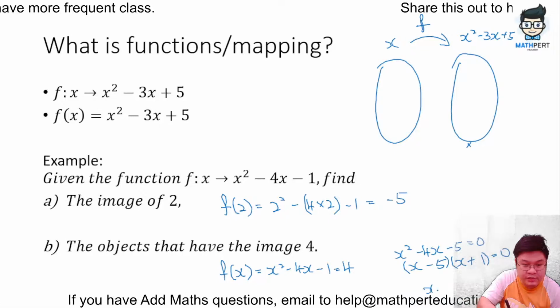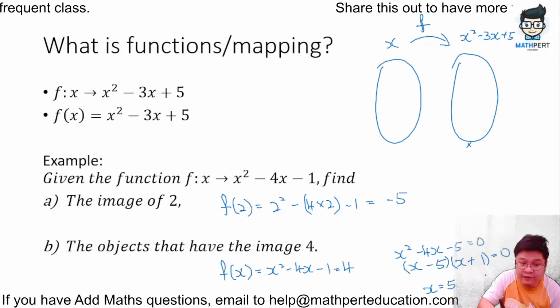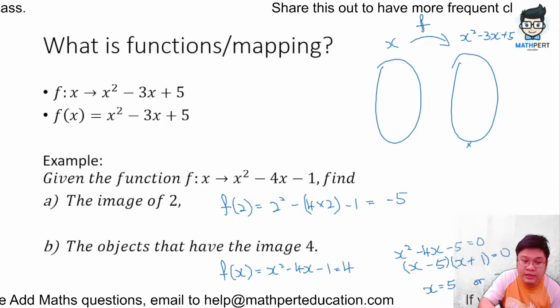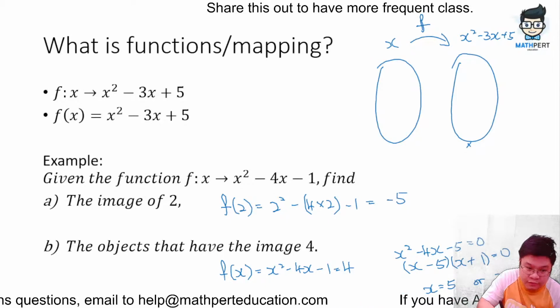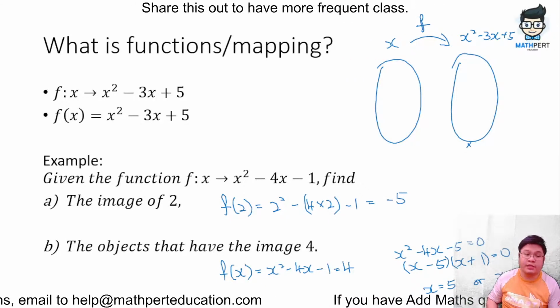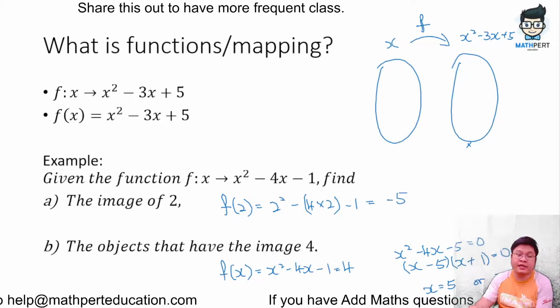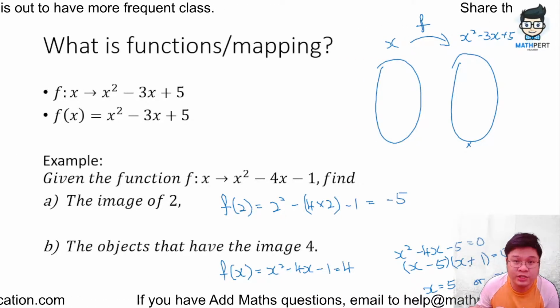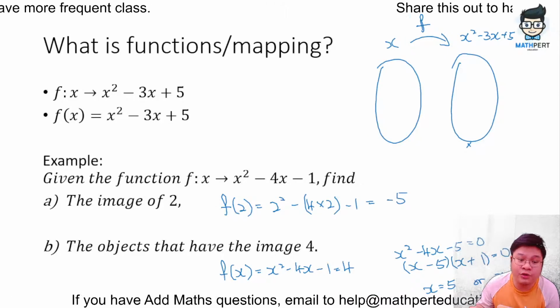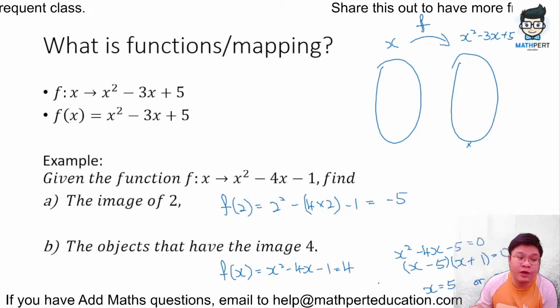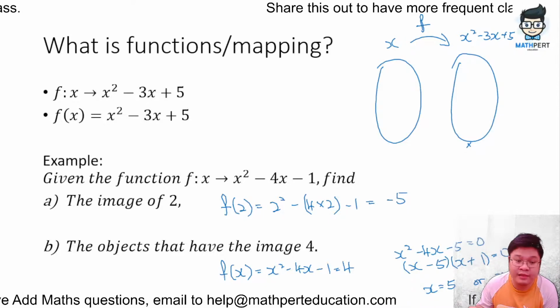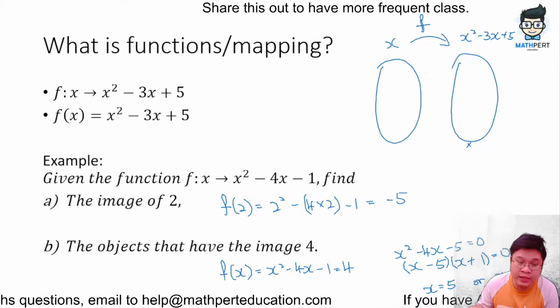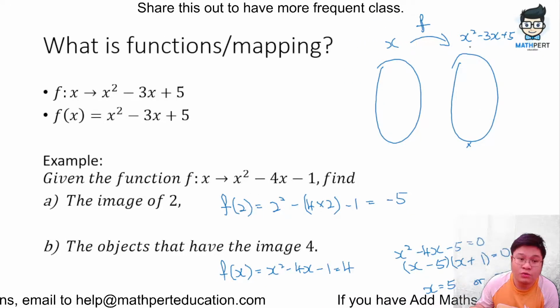So x is equal to positive 5 or x equals negative 1. This is how you find the object that has an image of 4. This is a many-to-one function because you have more than one value of x and only one image. The 5 and negative 1 are mapped to this over here.